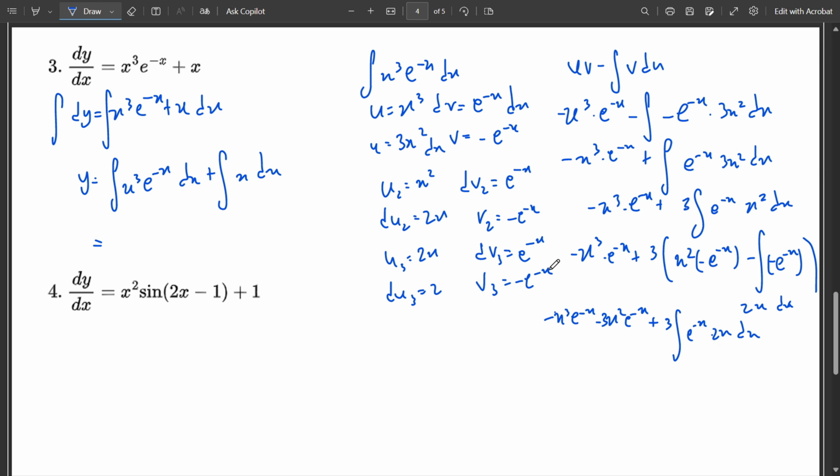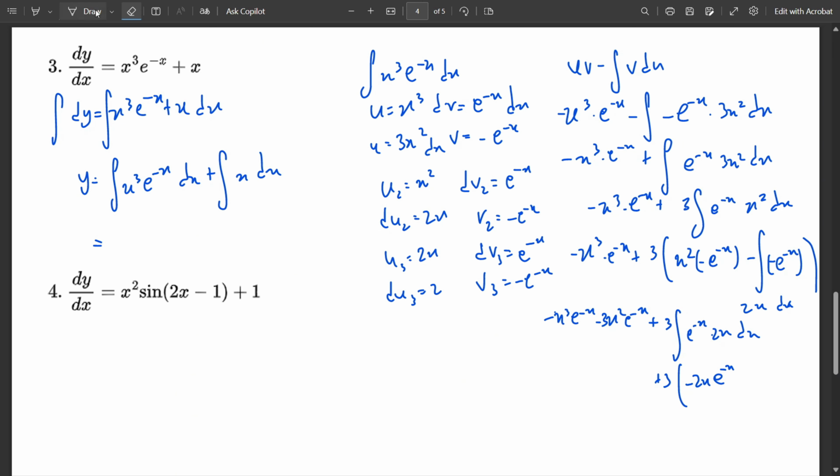Okay, and the resulting integral will be u3 times v3, so we have negative 2x e to the negative x minus the integral of v3 du.